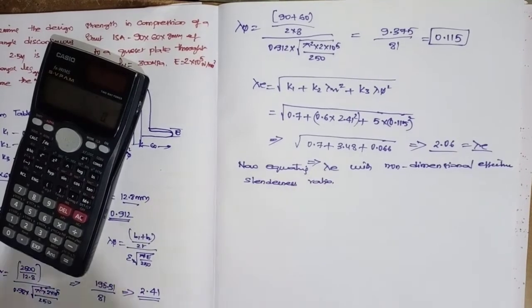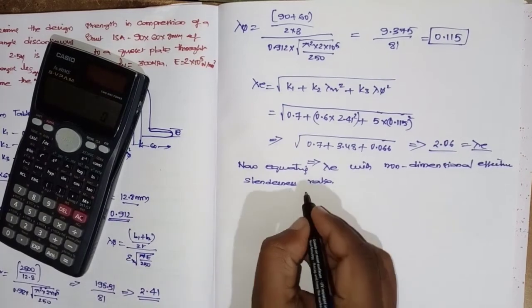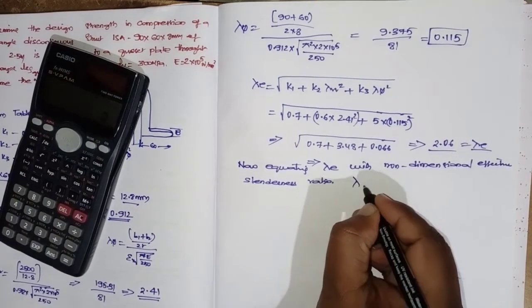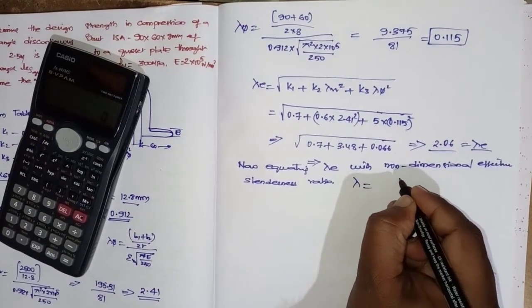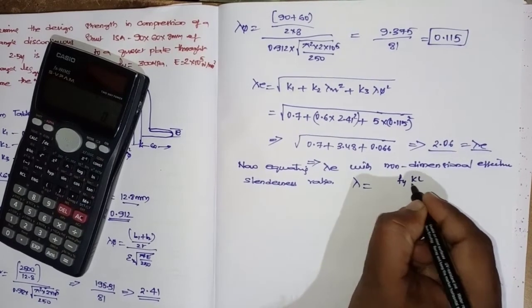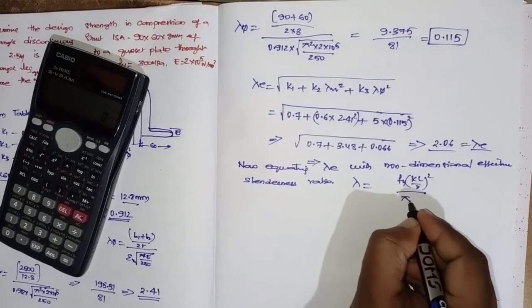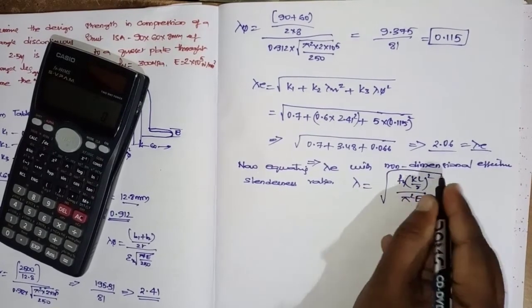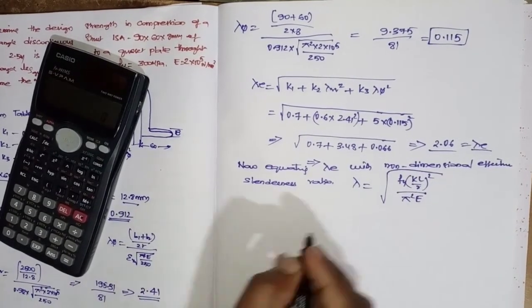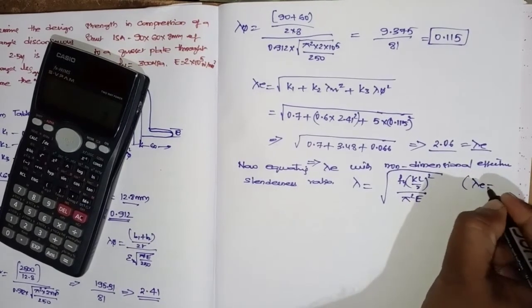That is lambda equals root of fy into KL by R square by pi square E. Now we are supposed to equate like this.